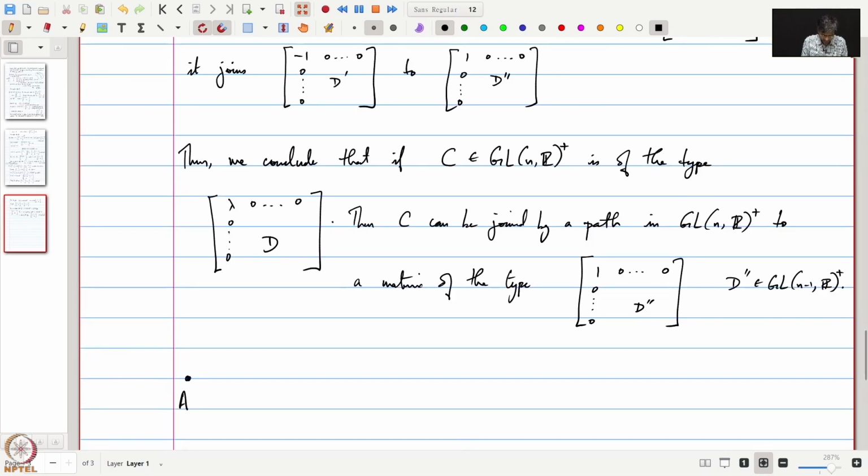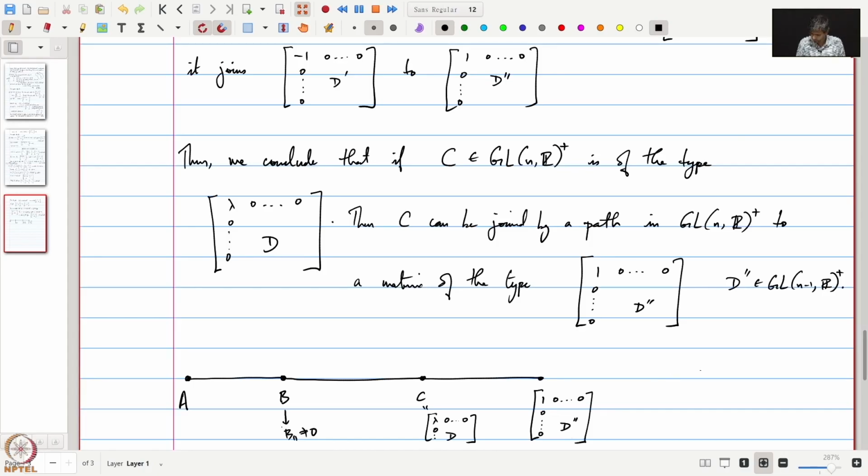So what have we done so far? We started with the matrix A, we connected it by a path to a matrix B such that B11 is not equal to 0. Then we connected it to a matrix C such that C is of this type, D. Then we connected this to a matrix of the type 1, D prime prime.